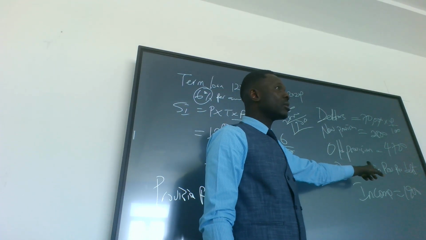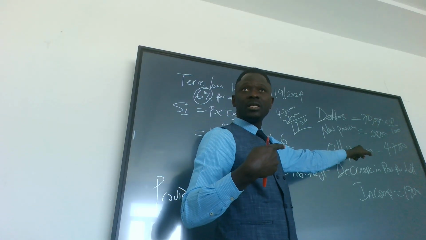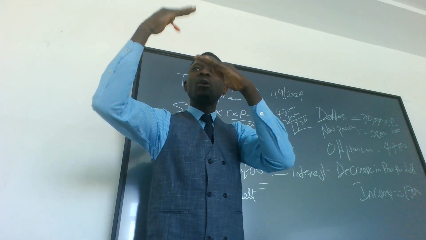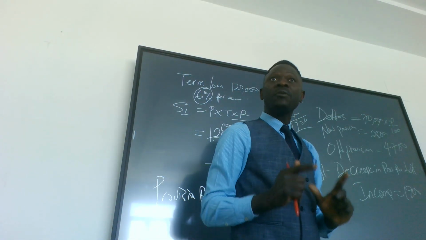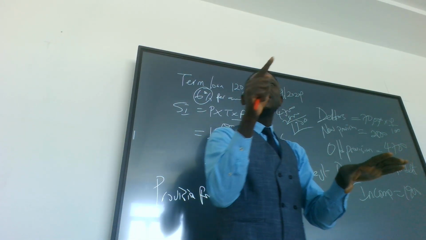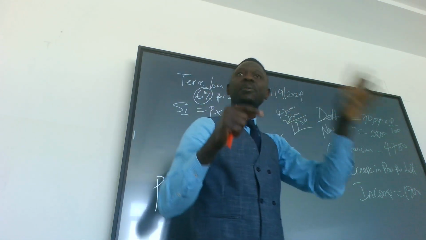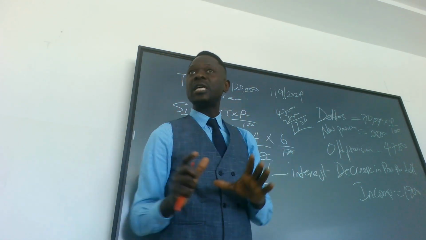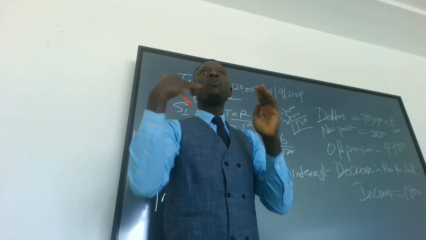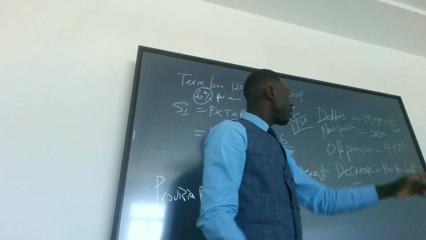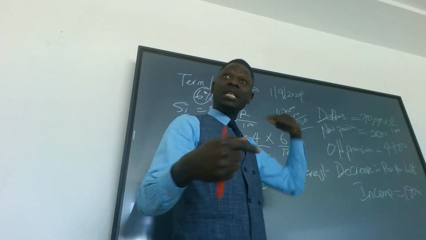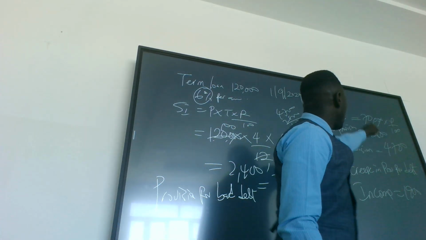Do you get it now or not? Yes. There's an old provision for bad debt you made, but there's an adjustment through the additional information stating that 4% of debtors should be the new provision for bad debt. But now the difference is what the provision for bad debt was before now and what it is now.